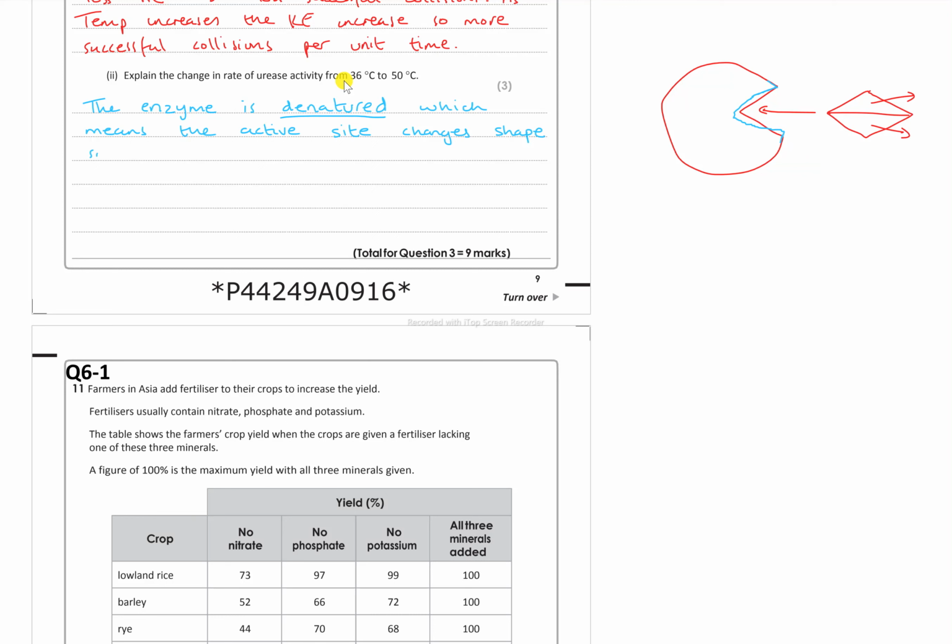The original red thing that's coming in is called the substrate. Once the enzyme has acted upon it and the reaction has taken place, the things that come out are called the products. And so the substrate does not fit.